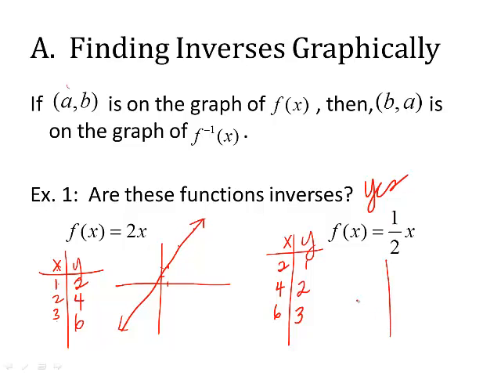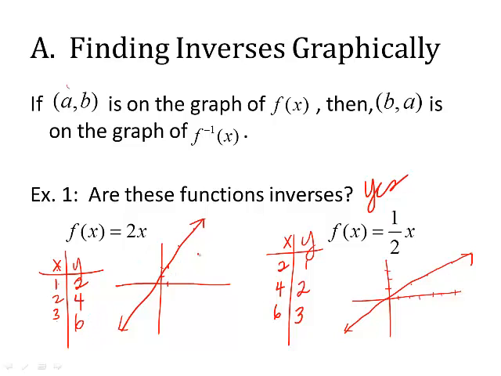This one, if I graph it, this is going to be a little bit flatter. Now, my drawings are not great, but what you should see is that this is a steep slope of 2, and this has a slope of 1/2.